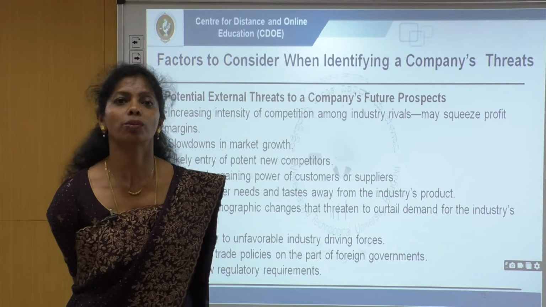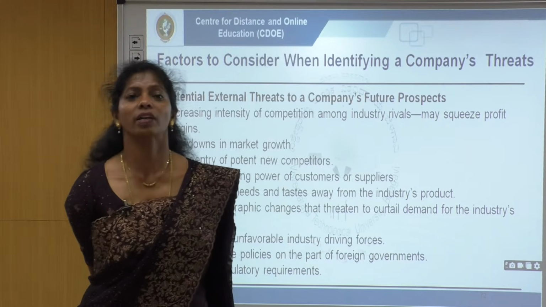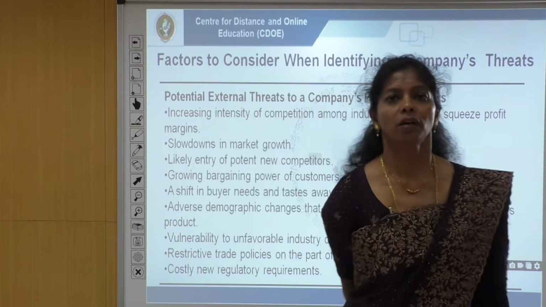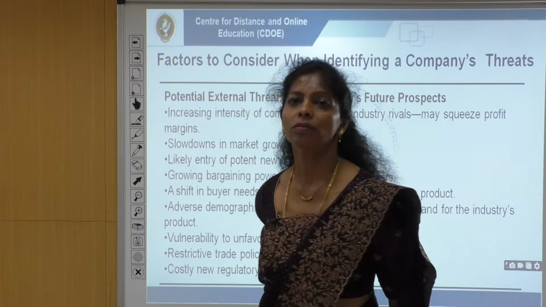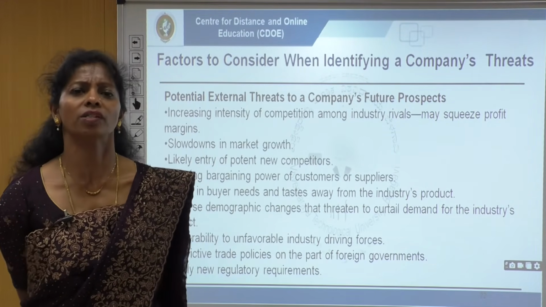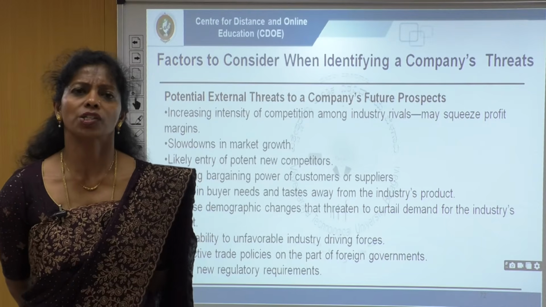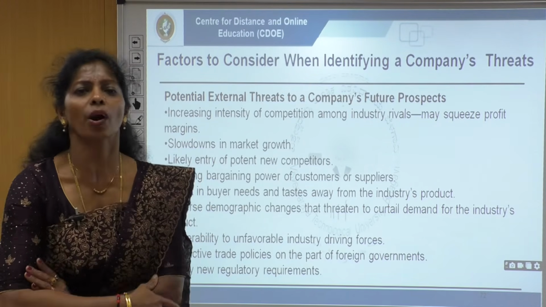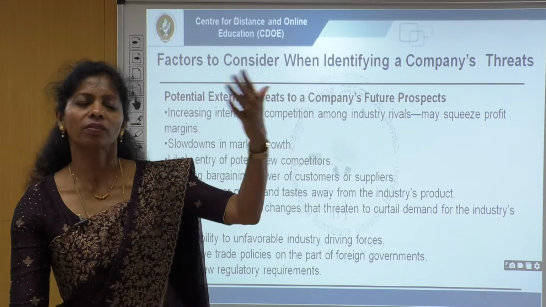Slowdowns in market growth. In a product life cycle, you have introduction, growth, maturity and decline. Any product will go through these stages. So when it is in the decline stage, an organization has to find innovative ways of modifying the existing product, improvising and giving it in a better way.